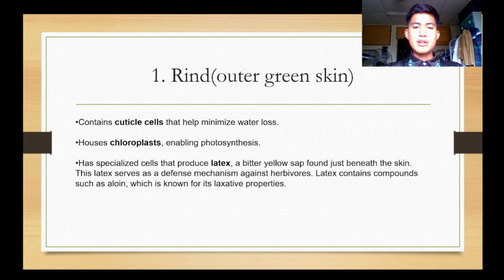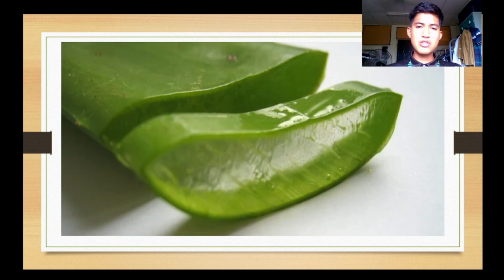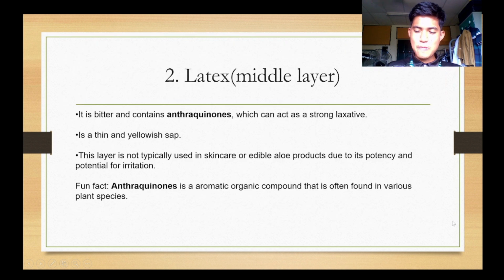And latex can serve as a defense mechanism against herbivores. This is because latex contains laxative properties, which we will get to after showing this picture. As you can see, the top layer here is what you call the rind. This is the rind for leaves.